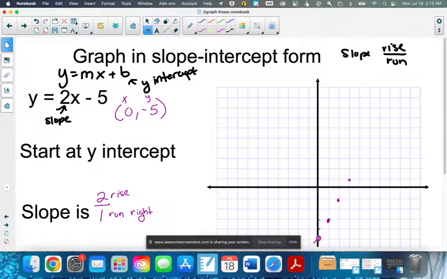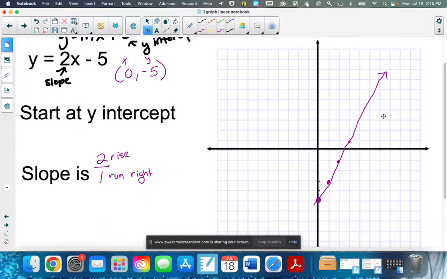Once you are done with the points, connect the dots, and make sure the line goes all the way across your graph. It's not just some tiny little line. It keeps going forever and ever. That's why we put the arrows on the ends. So once you've got your points based on your y-intercept and your slope, connect the dots, go all the way across the graph, and then make sure you put the arrows.